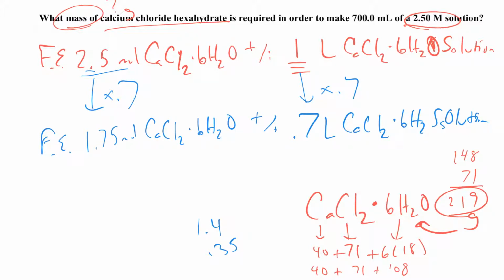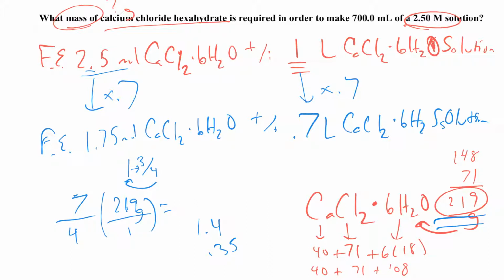And you can either do one of two things. So I would say that this is, look, this is 1 3/4, which is 7/4. Right? 1 3/4 is 4 times 1 plus 3 is 7/4. Times the molar mass, which we said was 219. Well, let's see. That didn't help at all.